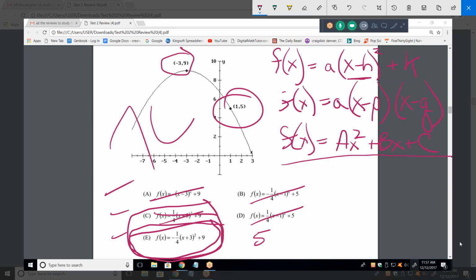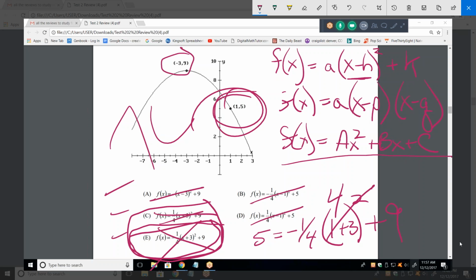So 5 equals minus 1/4 times 1 plus 3 squared plus 9. Is that a true statement? Well, that's 4. That's minus 1. Plus 9 is 8. Wow. That does not satisfy that.